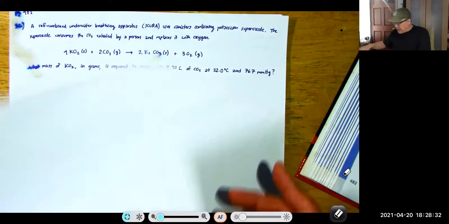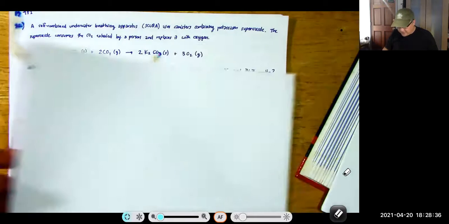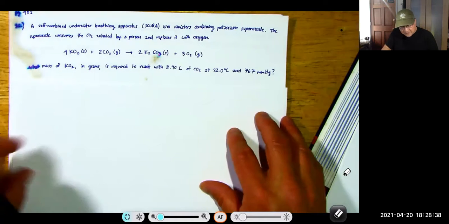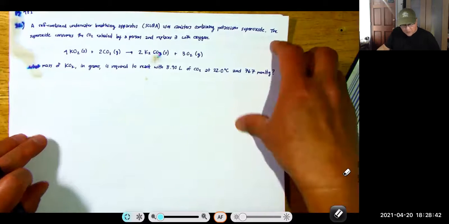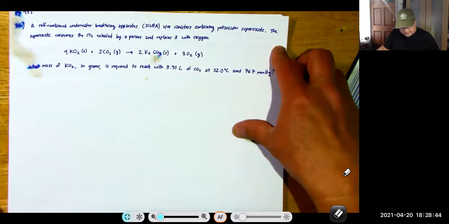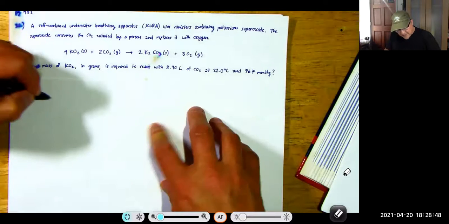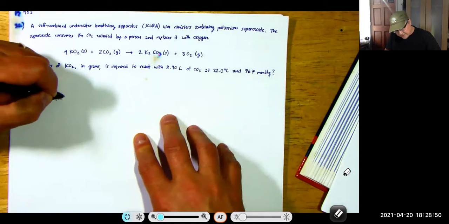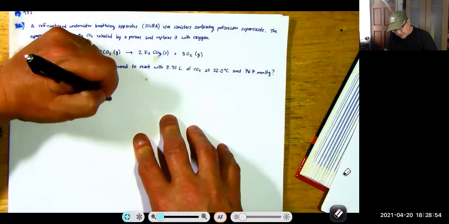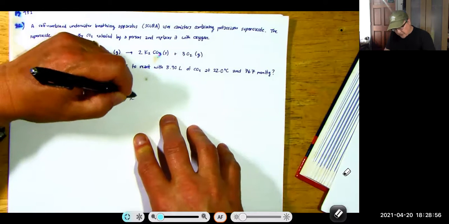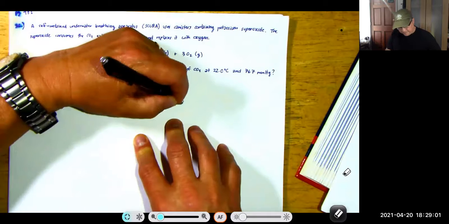So this is a lot like the problem we just did, where we're going to do it in 2 parts. So to get the mass of potassium superoxide, we're going to need to know a few things, right? Here, to get the mass of potassium superoxide, we're basically going to take the moles of potassium superoxide and convert that into grams of potassium superoxide.